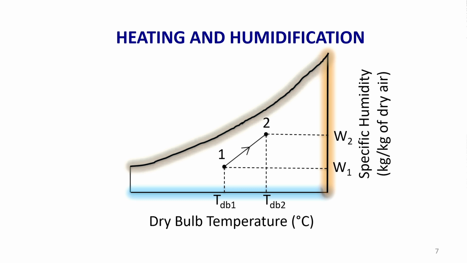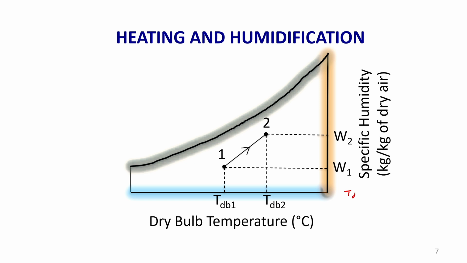So, here you can see when heating causes the temperature to increase, humidification causes the amount of moisture present in the air to increase. So, both the conditions of the air at the outlet, dry bulb temperature and specific humidity, will be more than the initial state.